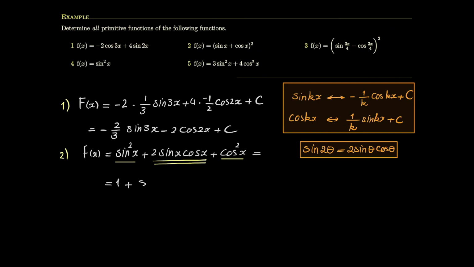And then I would write it as sine 2x. Now I want to hear from you. What is a primitive function? I have to find a primitive function for 1, which is famous. It's just x. And then for the other one, sine 2x, I use this formula, giving the role of k to 2, so it's minus 1 over 2 cosine 2x, and then I have a constant c.